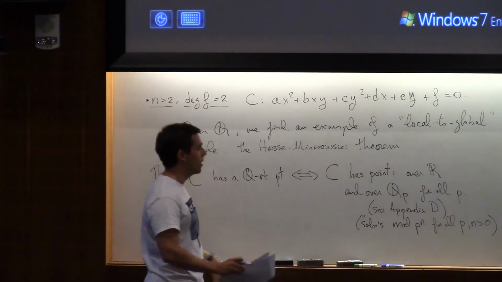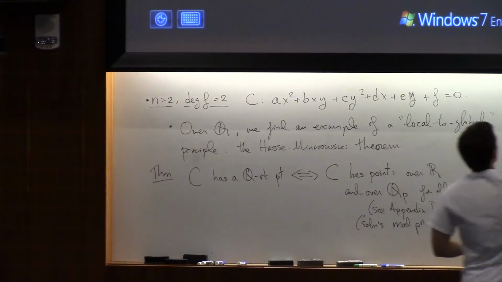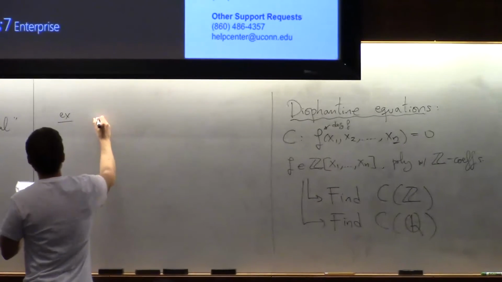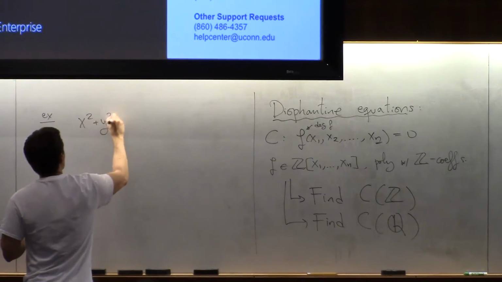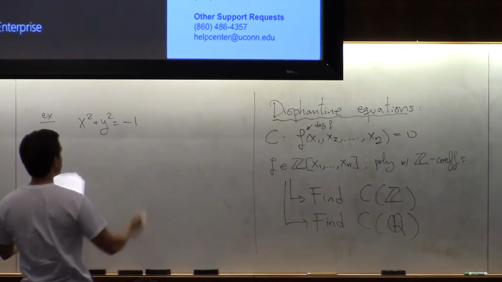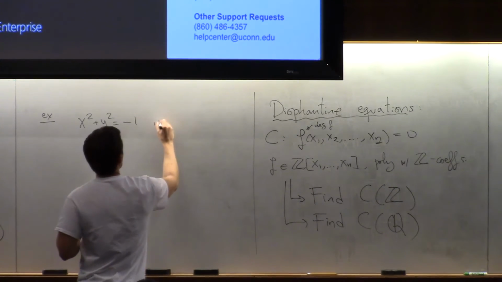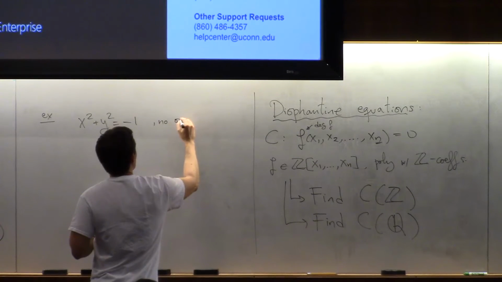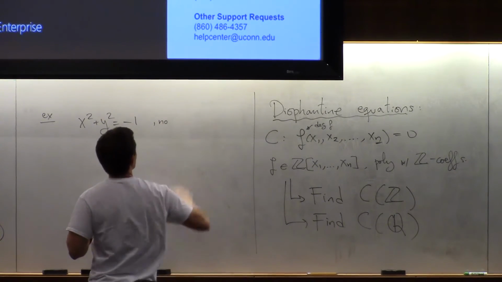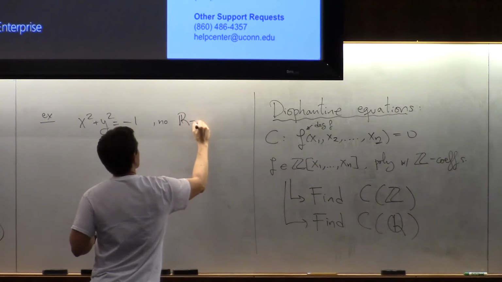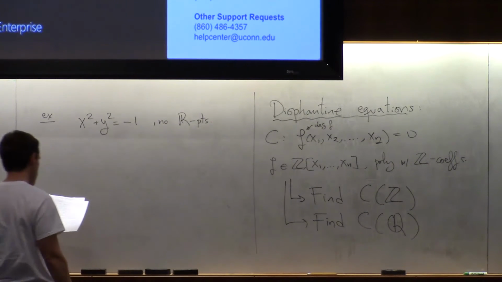Okay? So, for instance, if you look at conics, this has no points because it fails in the real numbers. No real points. Okay.